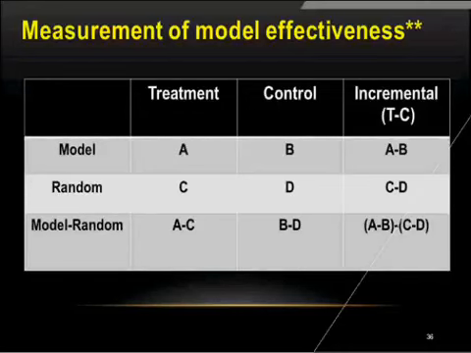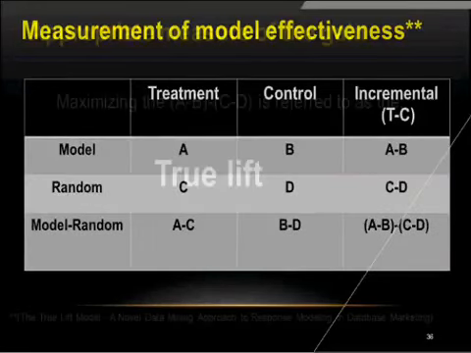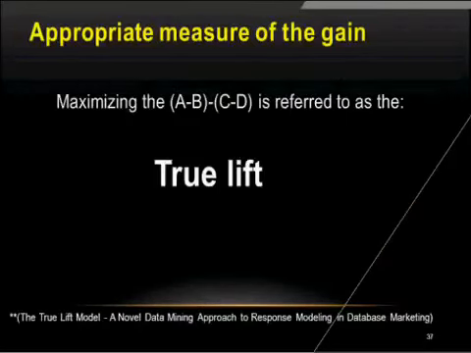And this measurement of model effectiveness is actually borrowed from the true lift model, a novel data mining approach that I researched on the SAS website. By maximizing the difference between A and B, C and D, we are hoping to get the true lift. True lift meaning true response, so that we can definitely tell that the treatment really works.